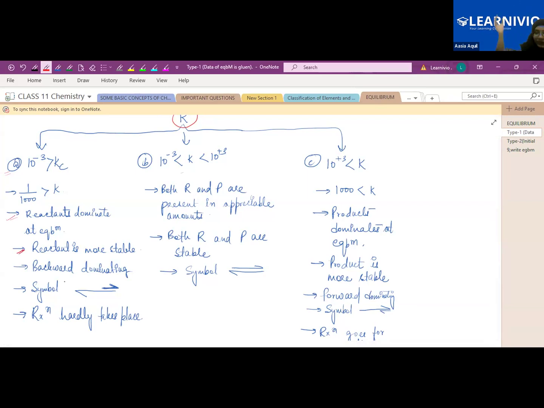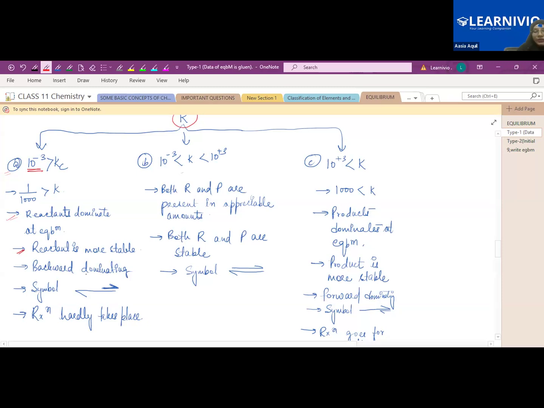If it moved in the forward direction, the product would dominate over the reactant. But here, when the equilibrium constant value is less than 10 raised to the power minus 3, the reactants will dominate, and the reaction will proceed in the backward direction.